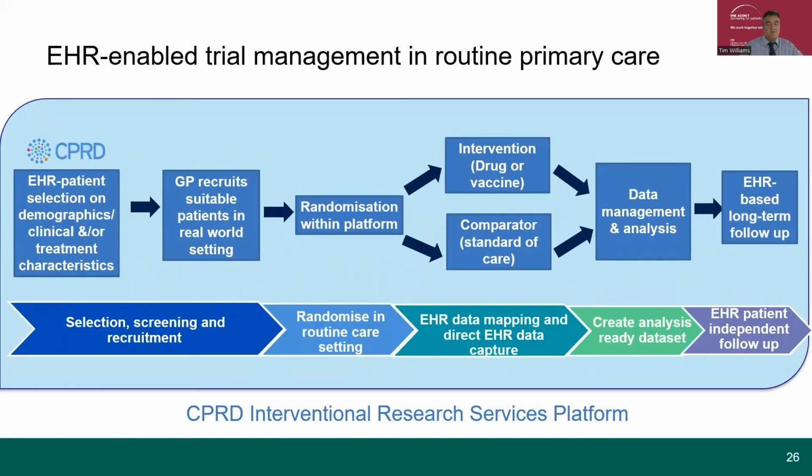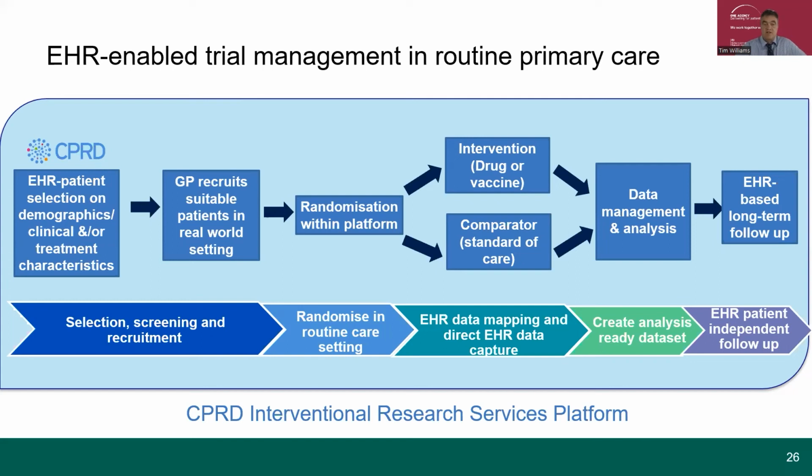In a bit more detail, more practically, in a generic EHR pragmatic study, data enabled, we would scan the database, looking at the inclusion and exclusion criteria. We generate the suitable patients as the eligible patients, as we do in Sprint. The GP then goes through all of the activities that are done in Sprint, sending out invites either by letter or SMS or other mechanisms.